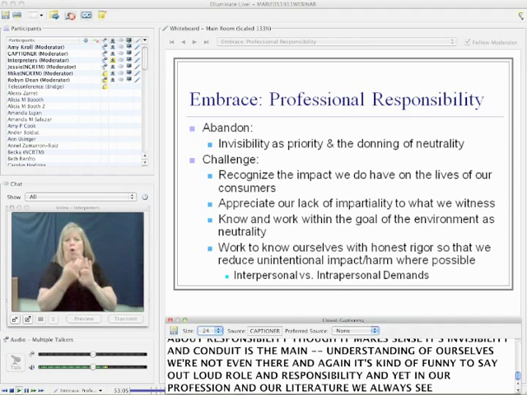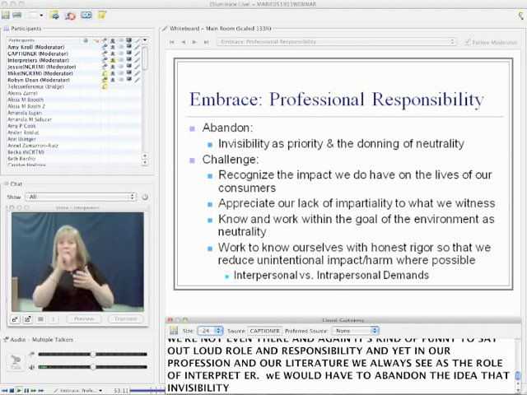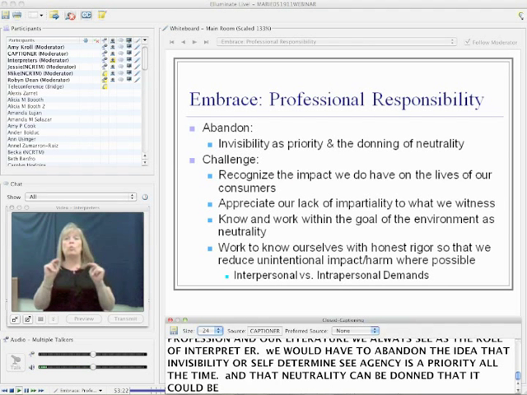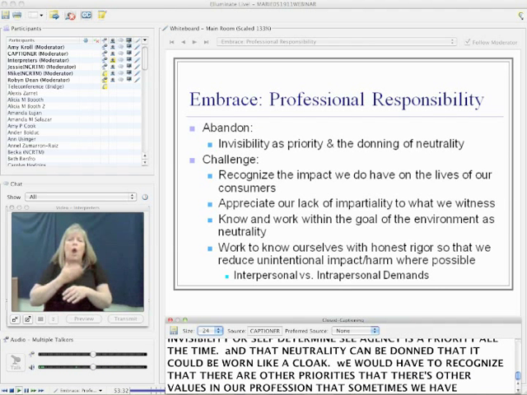If we were to embrace professional responsibility, we would have to abandon the idea that invisibility or self-determinacy, agency, is a priority all the time, and that neutrality can be donned, that it can be worn like a cloak. We would have to recognize that there are other priorities, that there are other values in our profession that sometimes we have to prioritize over invisibility.